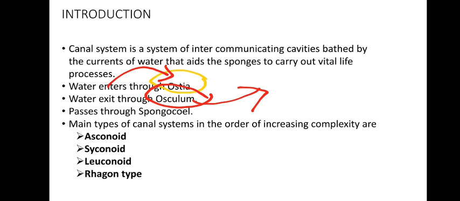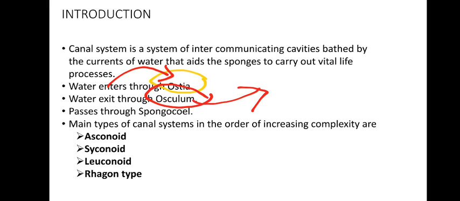And this particular canal system is not the same in all members of sponges. It is simple in one form and very highly complex in another form. So again, evolution. Slowly, in different groups of sponges, the canal system has evolved in different ways.